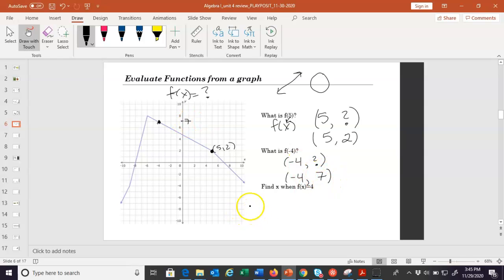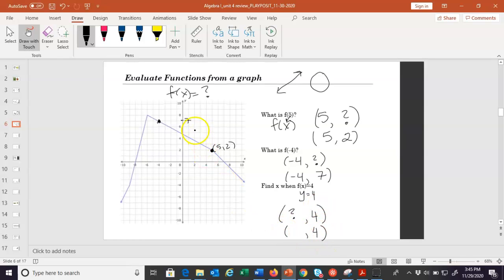There we go. And last one, similar to that last slide, we're going to reverse it on us. This time they give us f of x. This time they give us y. So find x. What is x when y is 4? It's kind of reversed there. So we're going to go on the y-axis at 4 and say, well, where does the graph exist? The graph exists here. Let's say that's on that grid mark for ease.